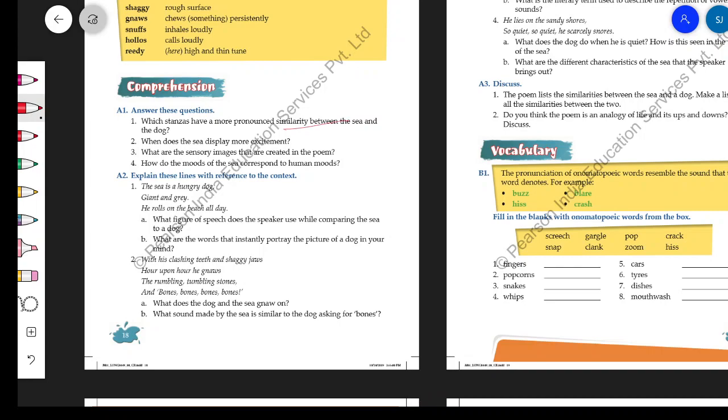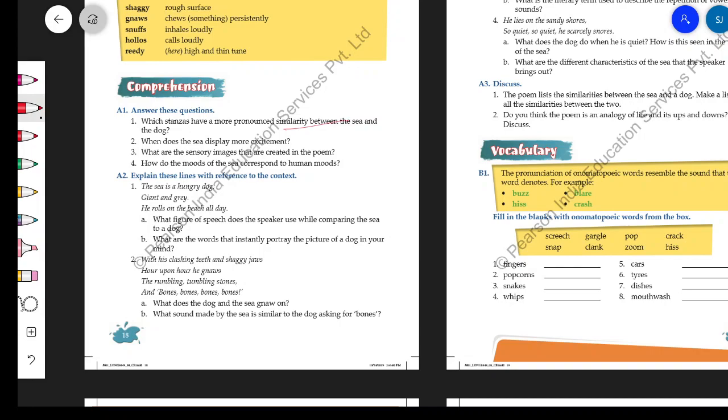Throughout the poem dog is used as a metaphor for the sea, and that is why you will find similarities between the sea and a dog throughout the poem. Okay, first stanza has the most clear similarity between the sea and a dog. However, we will find such similarities even in the second and third stanzas.